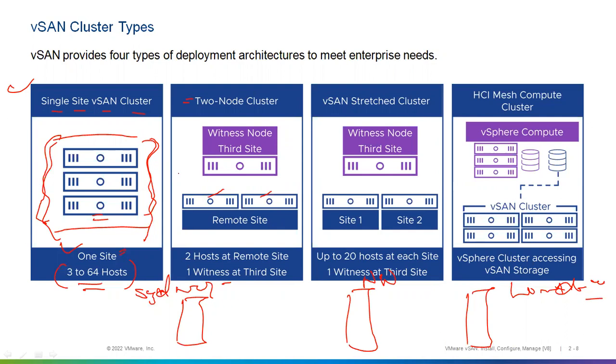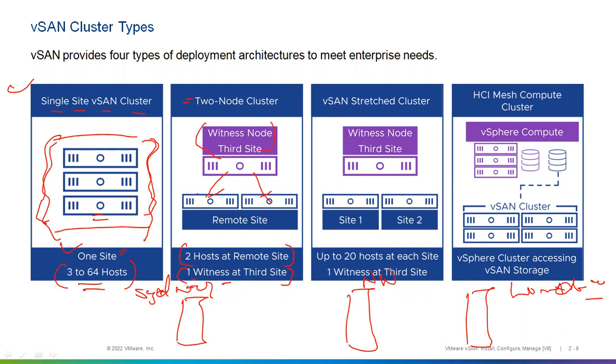There also you have a choice. You can deploy with 2 nodes, but when you deploy with 2 hosts, you require one witness site. A witness maintains your quorum, just to check the liveness of your available ESXi hosts. So this witness node is required.